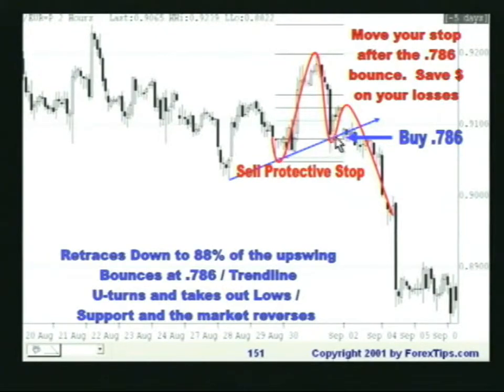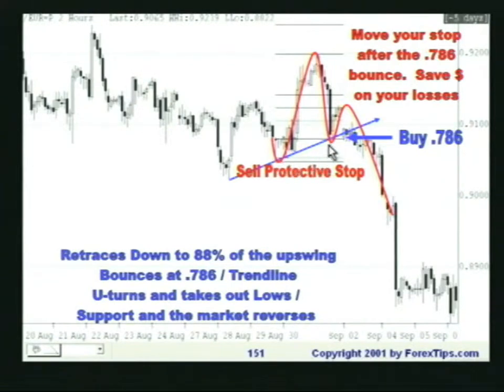When the market bounces at the 786, feel free, after it bounces and starts to rally, to move your stop to the 786 or somewhere a little lower than the 786. Because if the market bounces or rallies off the 786, U-turns and then comes down to take out the 786, chances are the market is reversing.